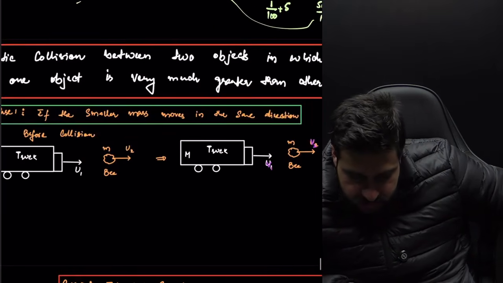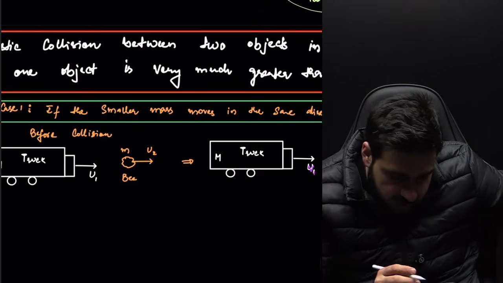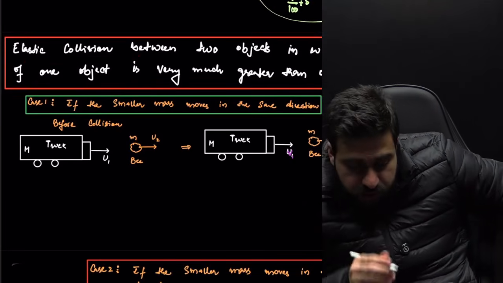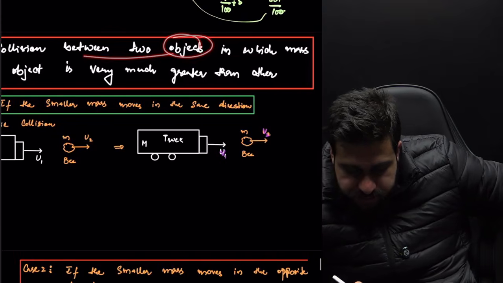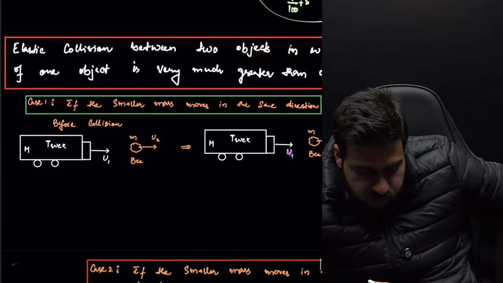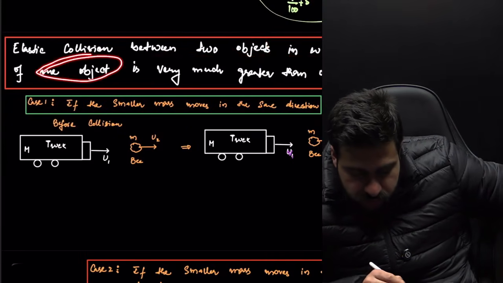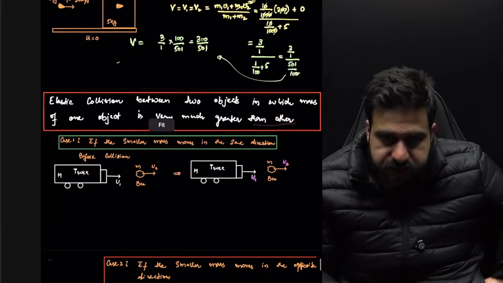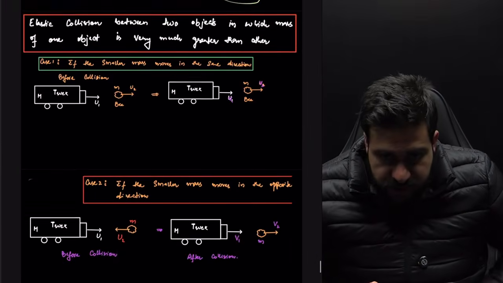Now, guys, let's move on to the question. Elastic collision between two objects in which the mass of one object is very much greater than the other. See, guys, this case is important.